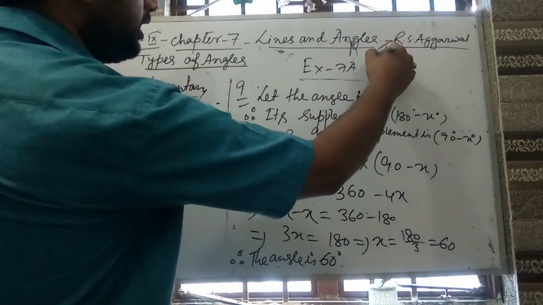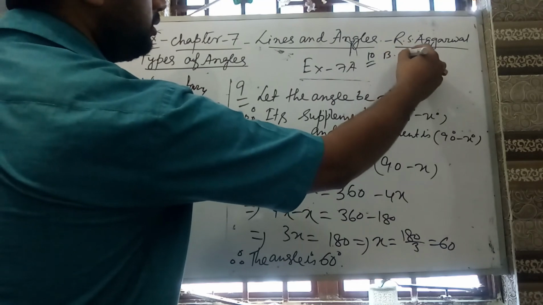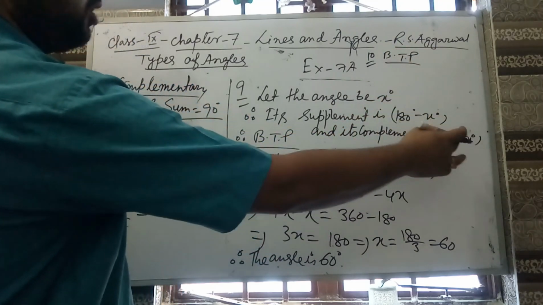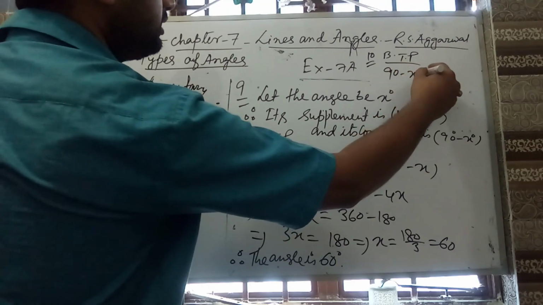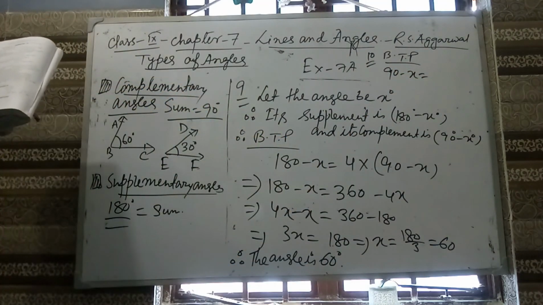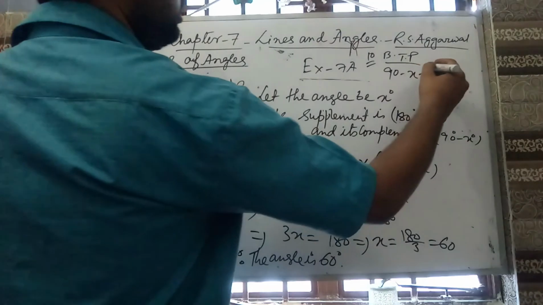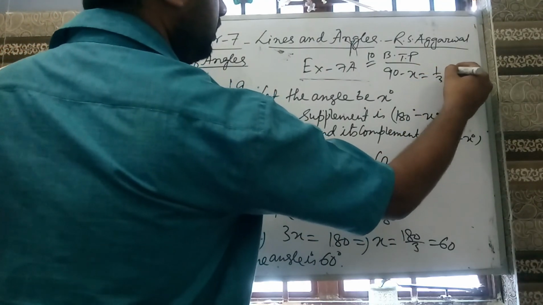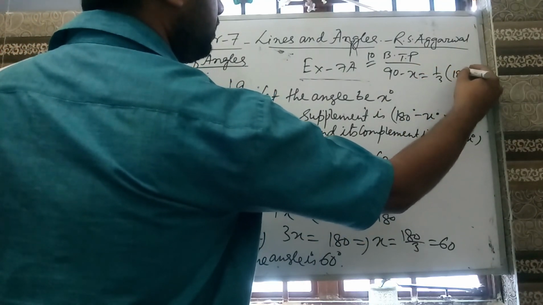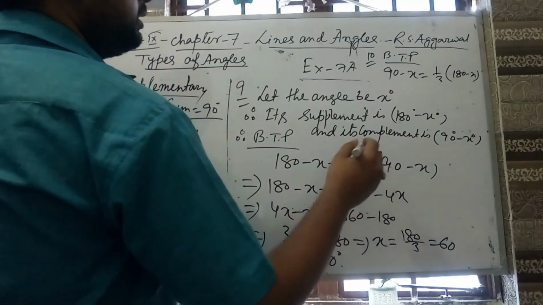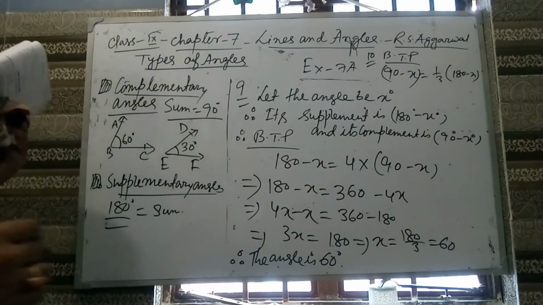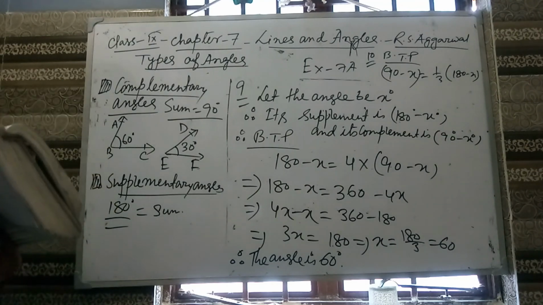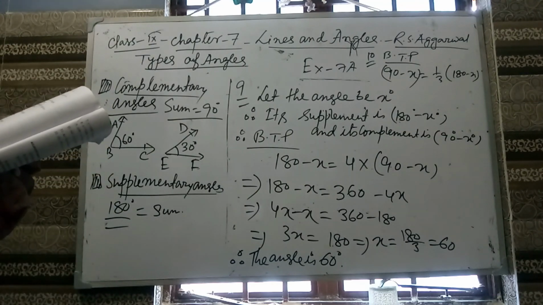Then for question number 10, by the problem, the equation will be the complement, that is 90 minus x, is 1/3 of its supplement, that is 1/3 into supplement, means 180 minus x. Okay, calculate it, solve it, you will get the value of x. This is for question number 10.